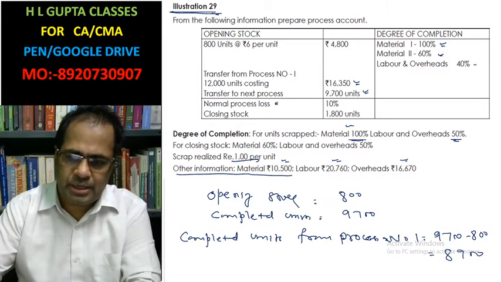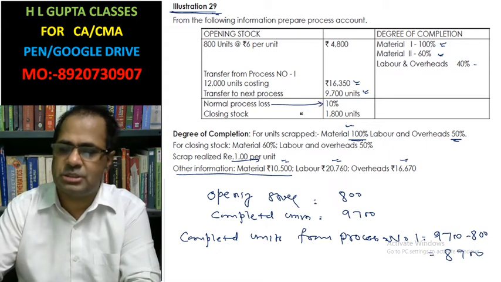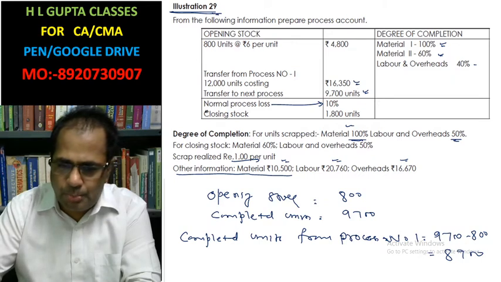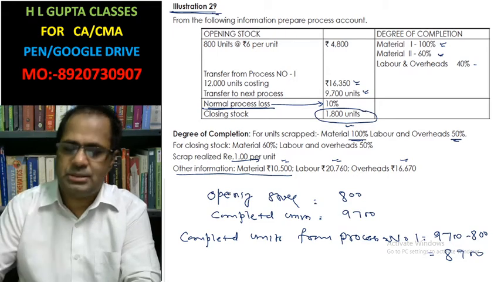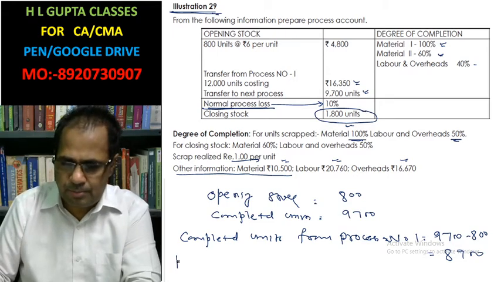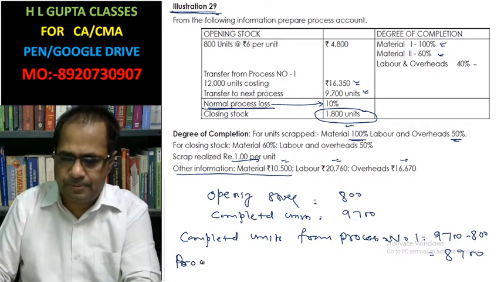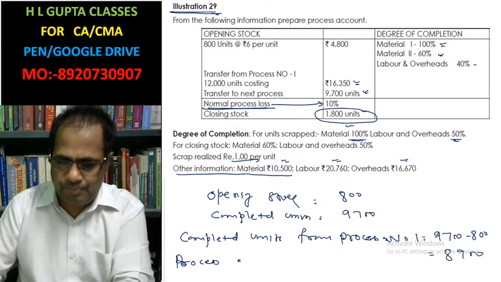Now in this case, normal loss is 10%. Normal process loss 10%, closing stock 1,800, process loss 10%. What will be the process in this case? Please try to understand.